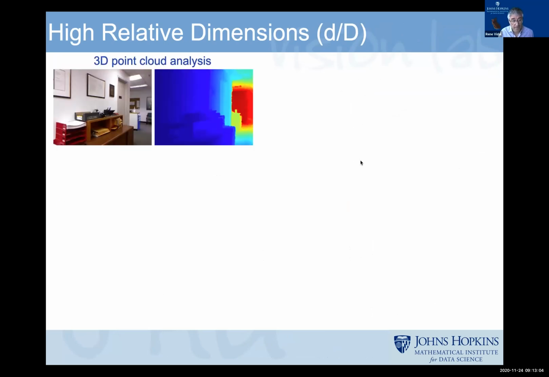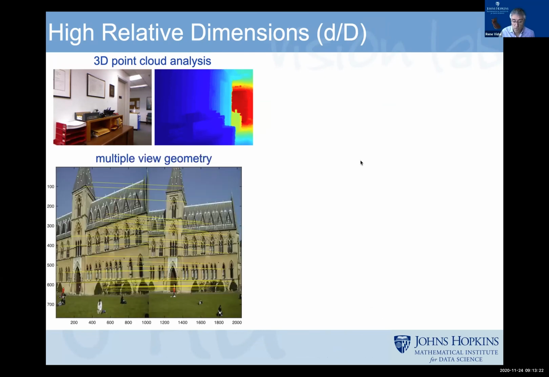And why is this high relative dimension regime important? It is important because there are many applications in vision, for example, where you are given point cloud data and you want to fit a collection of planes to the data. This is particularly the case in indoor environments where you want to do a 3D reconstruction, say, of your house. This is also the case in many geometric problems in computer vision, where you want to match two images, or maybe multiple images, and then do a 3D reconstruction.